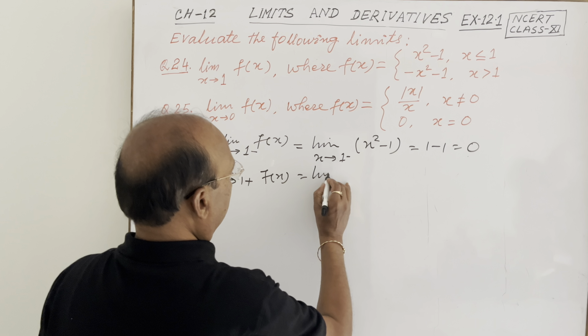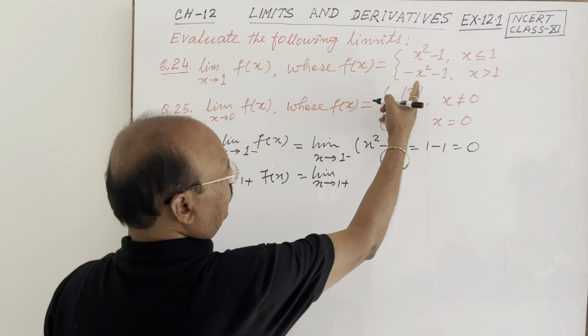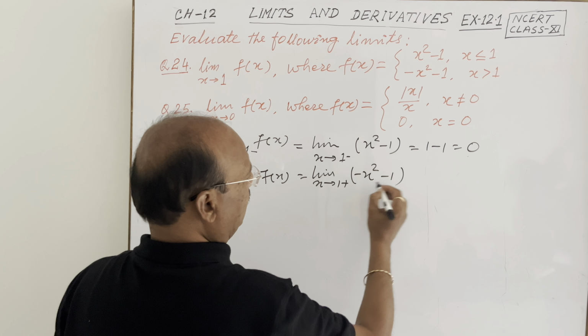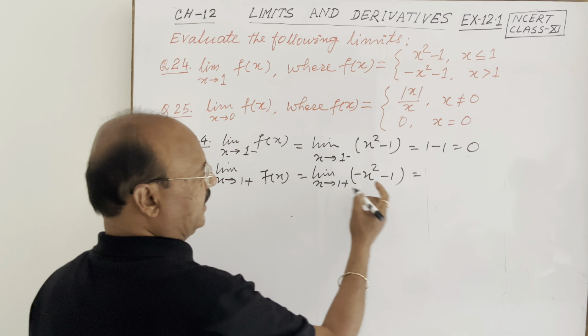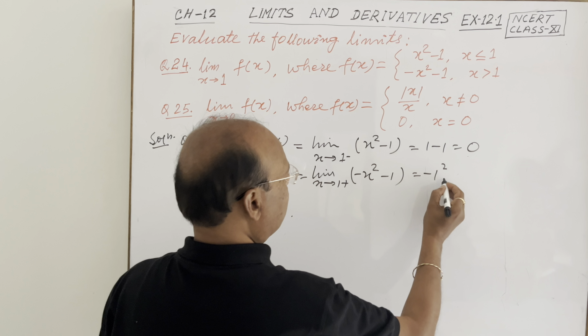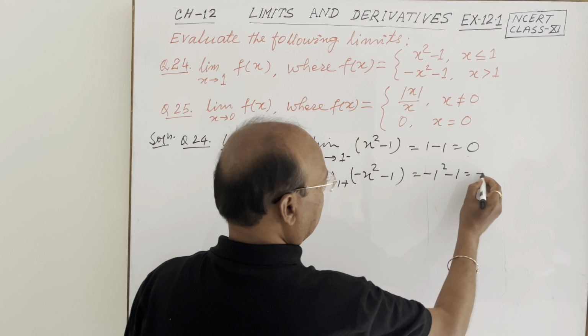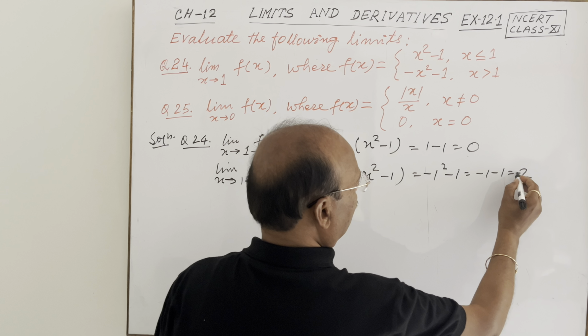So limit, this is x tends to 1 plus, and f(x) is equal to, we will write here minus x square minus 1. Now putting the value of x is equal to 1 here, minus of 1 square minus 1, this is minus 1, this is equal to minus 2.